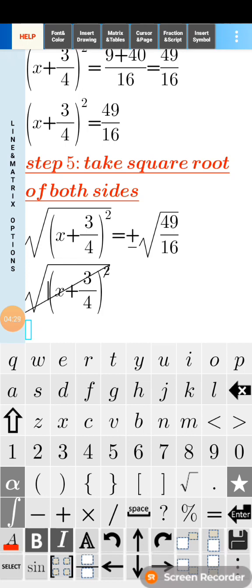My equal sign, then I have my plus or minus. Now the root of 49 is 7, and the root of 16 is 4.